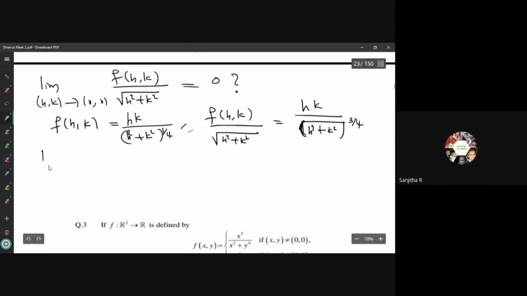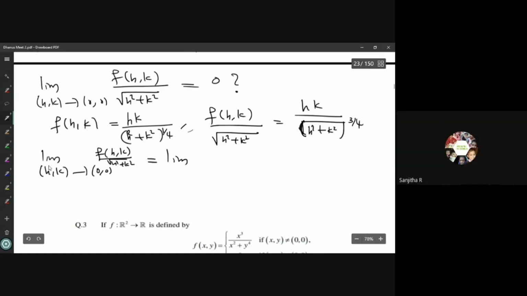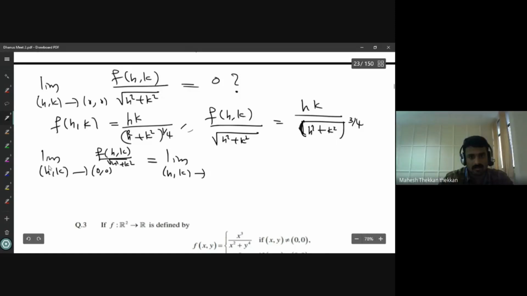Limit hk tending to 0, 0, f of hk by square root of h square plus k square. What should be that thing? Yeah, 0. Limit hk tending to 0, 0, hk by h square plus k square whole raised to 3 by 4. This has to be 0, right?